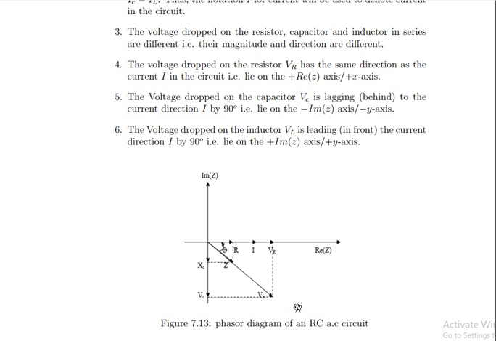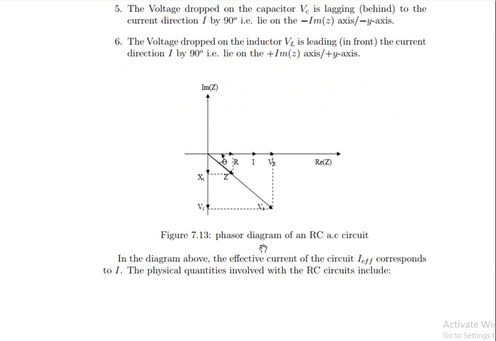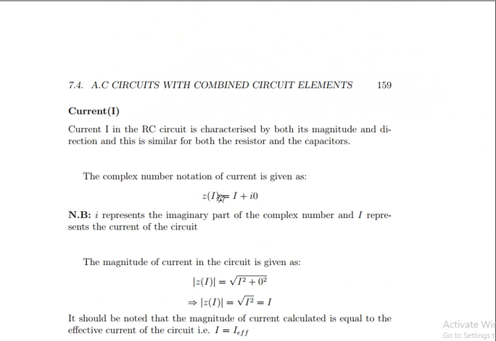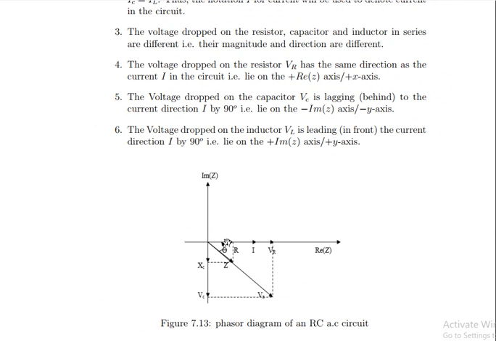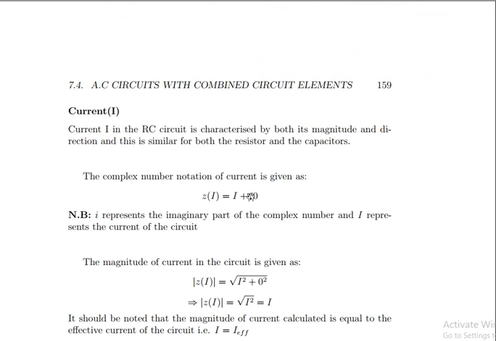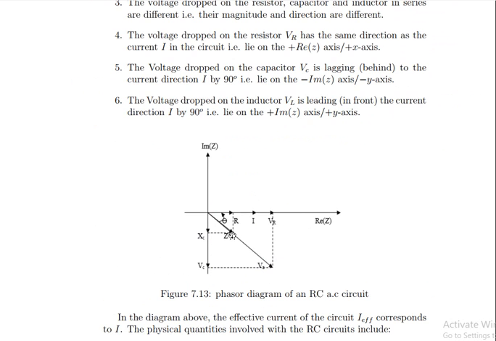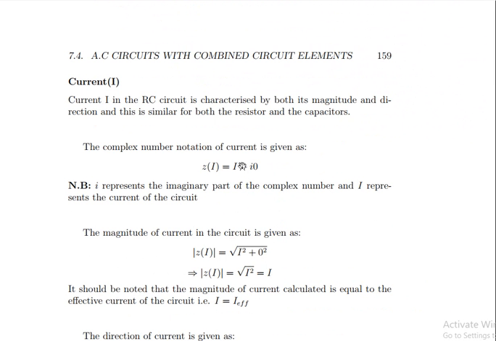The resultant produced will be in this direction here with an angle theta here. So we see that the complex number of the current is going to be equal to I plus i0. This small i is the complex number notation, the imaginary part of the complex number. Since there is no imaginary part of the current, it's going to be I plus i0.